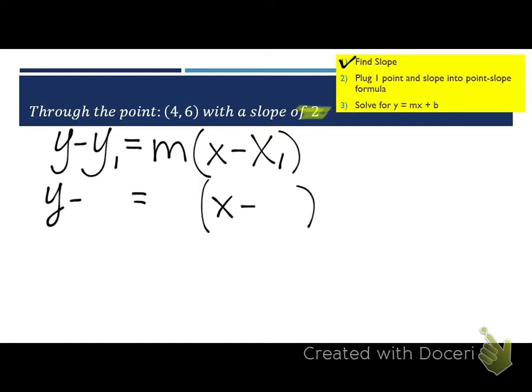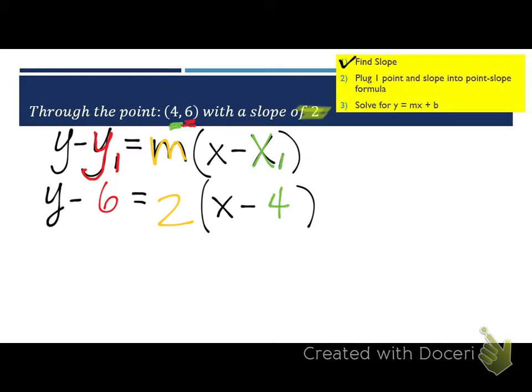And then we have x minus, and then we'll plug something in here. So what is the y that I will plug into this formula? 6. It is the y of the coordinate, so 6. And then we said our slope was what? 2. And then my x coordinate is 4.